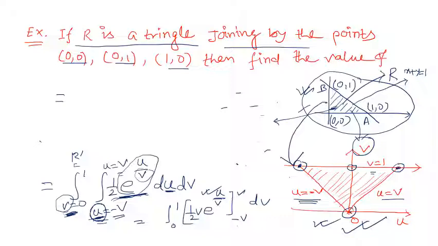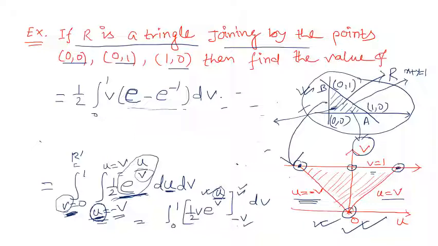Therefore this is equals to half integral 0 to 1 of v times e minus e to the power minus 1 dv, just putting the value of u replaced by v and then minus v.